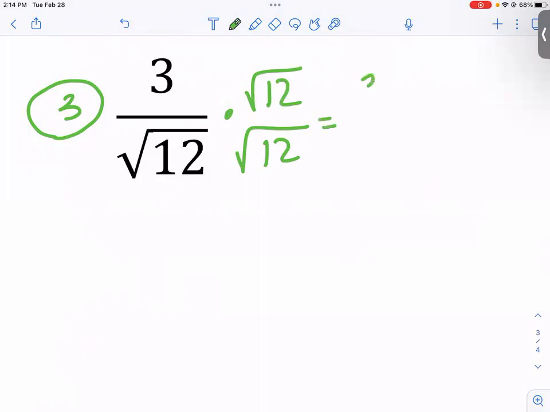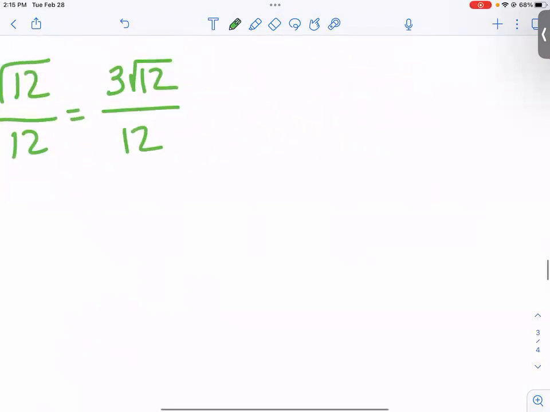So we have 3 radical 12 over 12, okay? There are 2 things that are wrong. Number 1, 3 over 12 is not simplified. Number 2, radical 12 can be simplified. Here again, I don't care what order you do this in.